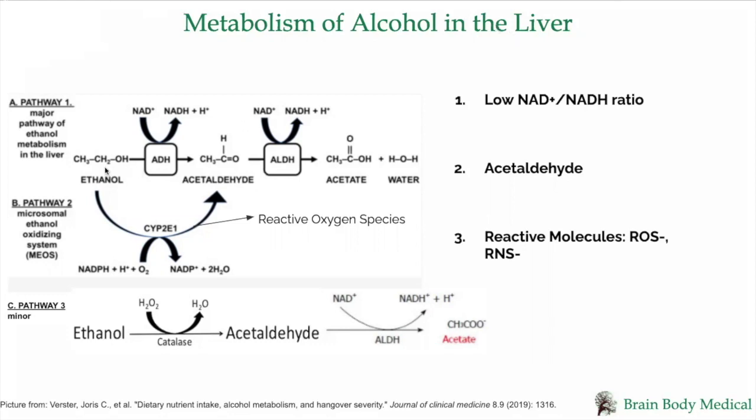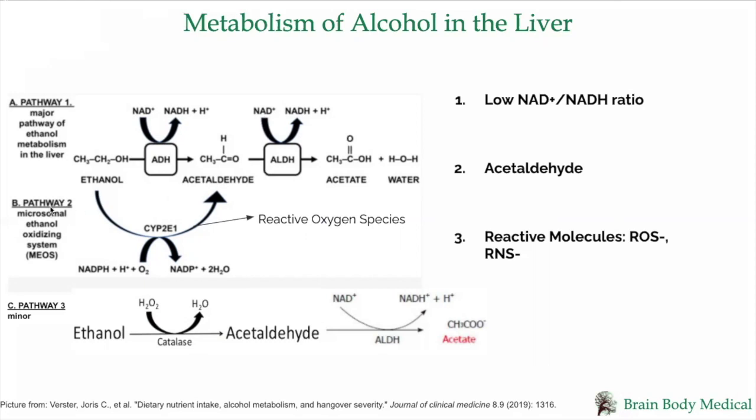So you can see that ethanol using alcohol dehydrogenase goes into acetaldehyde using NAD+. Acetaldehyde is then metabolized by aldehyde dehydrogenase to acetate and water using, again, NAD+. Acetaldehyde is toxic, so that's something we may not want to have a lot of in our system.